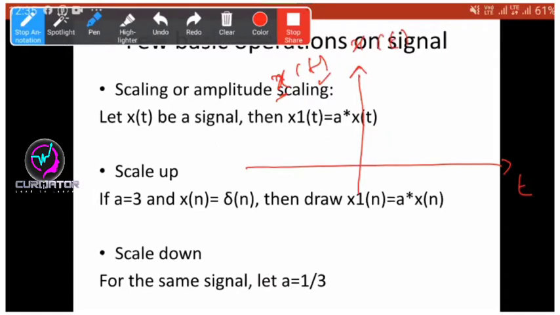Otherwise this is just x. Here it is 0. Time will keep on reducing like this, minus 1, minus 2, minus 3 until minus infinity. Here it will increase like 1, 2, 3 up to infinity. The same way for x. This is how we plot a continuous time signal.